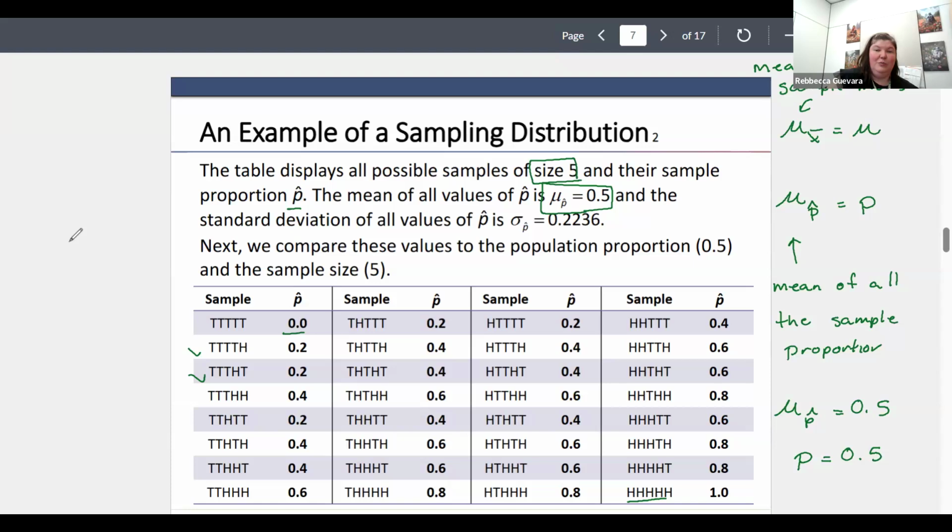Now, standard deviation, once again, is not going to be as obvious to find. If I did sigma p hat, this is going to be the standard deviation of all my proportions. Remember, these are all different samples of size 5, so all my sample proportions.